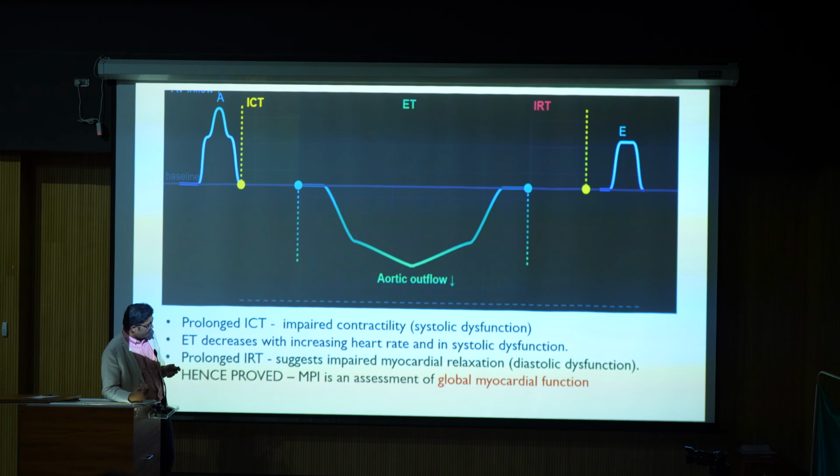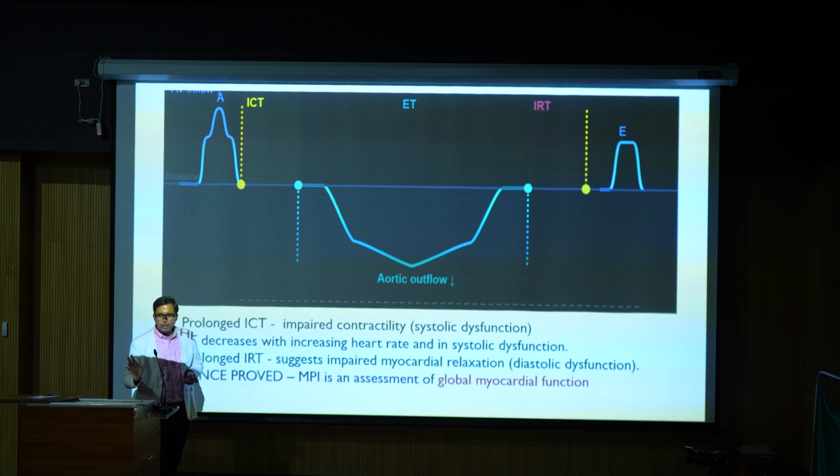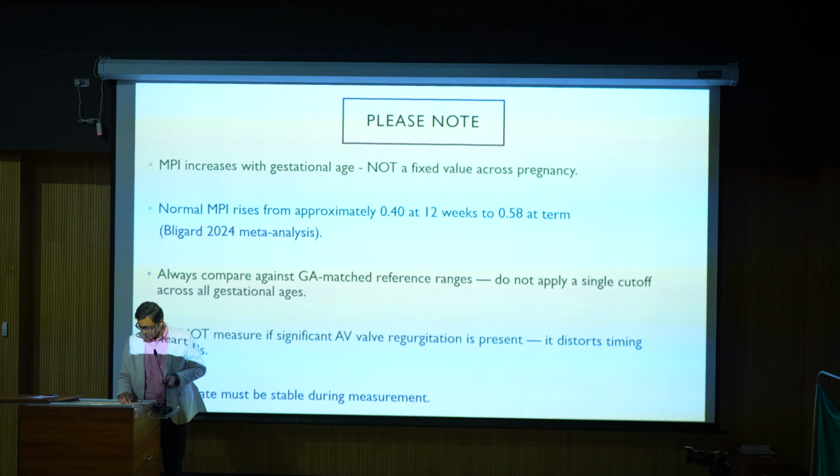If the isovolumetric relaxation time is prolonged, that suggests there is impaired myocardial relaxation, so that means there is a diastolic dysfunction, and hence we can say that this is the parameter where the global functional assessment of the fetal myocardium can be done with the myocardial performance index.